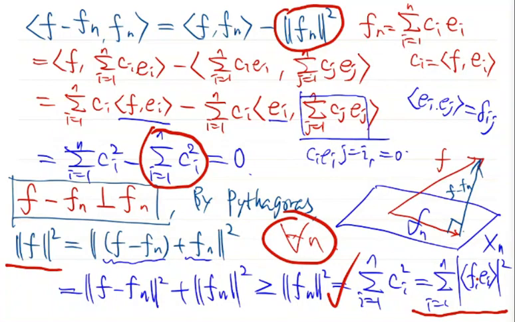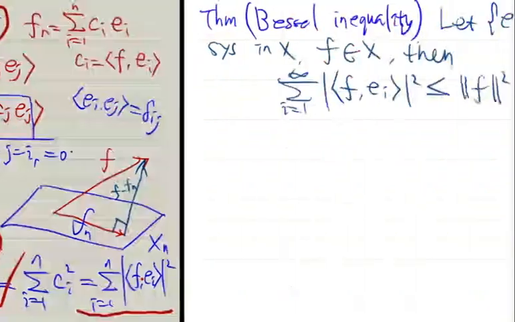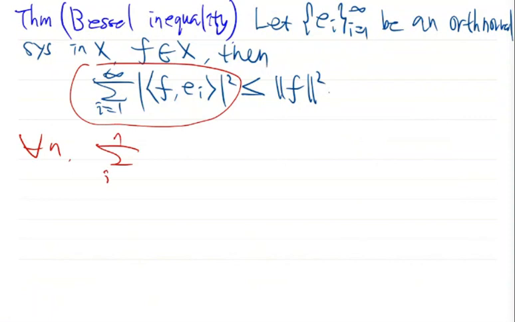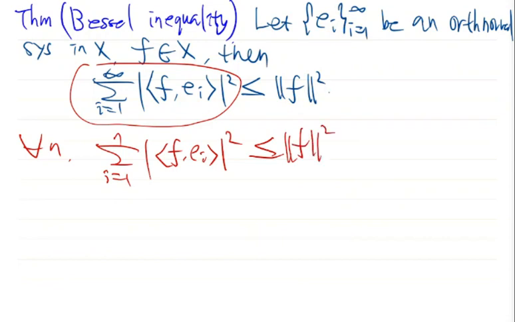This means that the partial sums of this series are bounded above by the square of the norm of f.